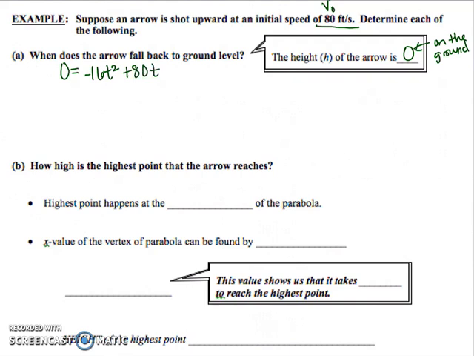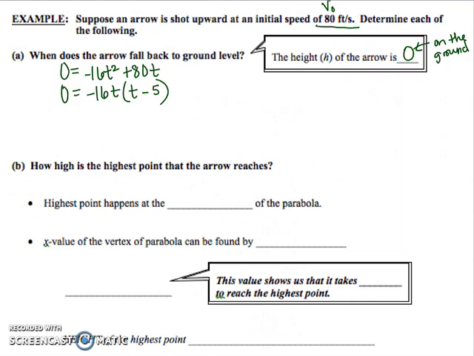Well, there's a GCF here. 16 goes into 80, and we can take a t out of both terms. Since our first term is negative, I like to make my GCF negative. So negative 16t is my GCF, and this becomes t minus 5 when I factor out the negative 16t.